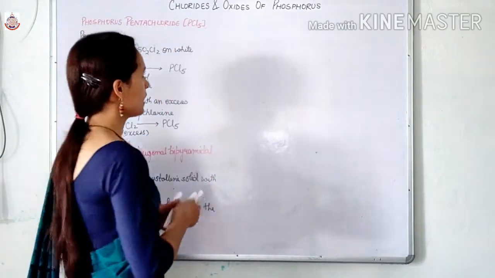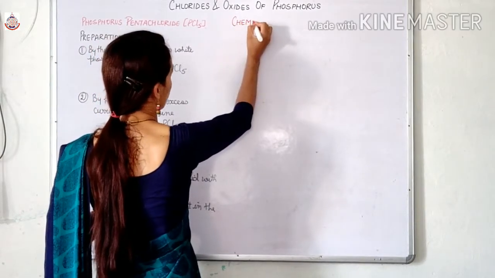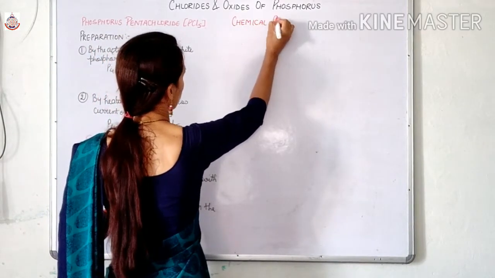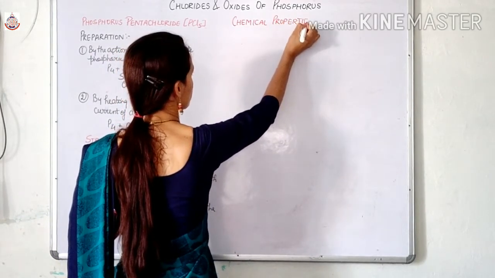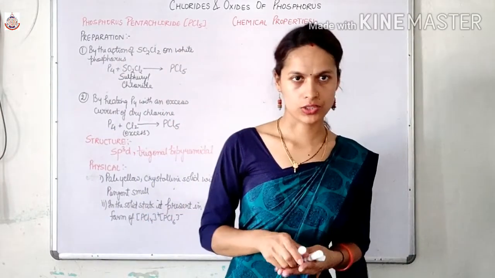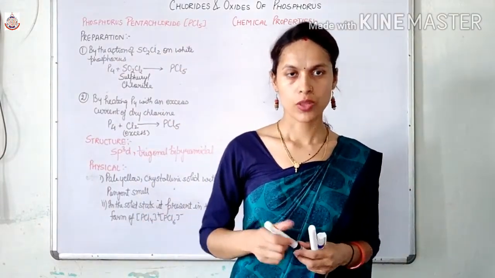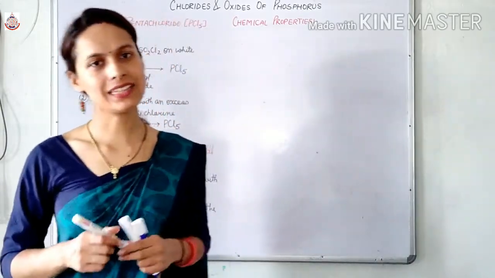Now we'll study the chemical properties. First of all, dissociation. On heating, it dissociates to give PCl3 and Cl2.